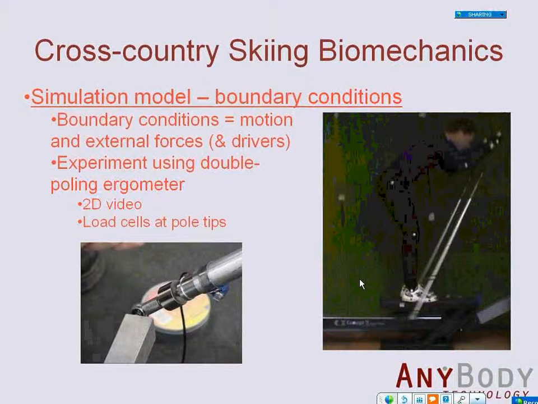In this double poling simulation model, the boundary conditions originate from an experiment carried out using a so-called double poling ergometer equipped with load cells at the pulpit. This ergometer works in the same way as most rowing ergometers commonly found in your local gym.